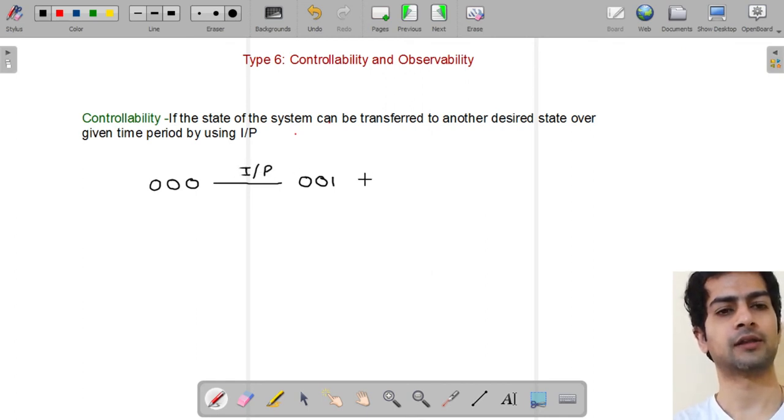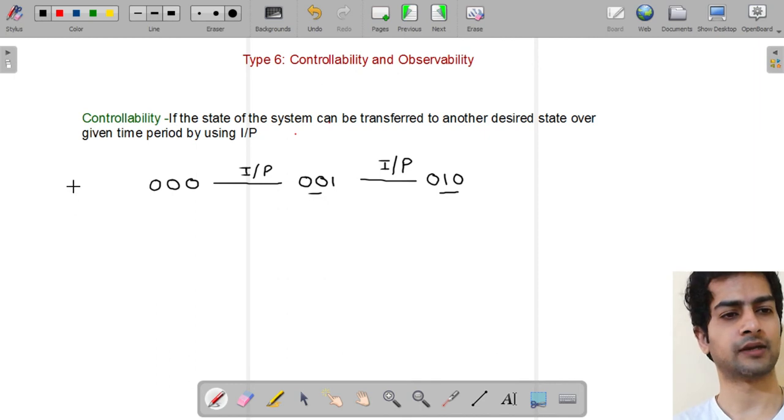Now again this state changes to 010 when we apply an input. So here we can see that the state of the counter is getting transferred to other desired states on application of inputs. The system is said to be controllable.